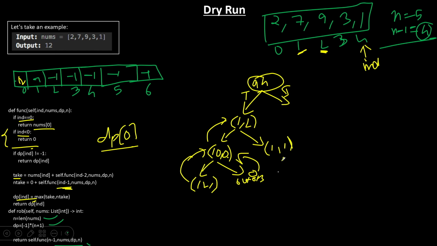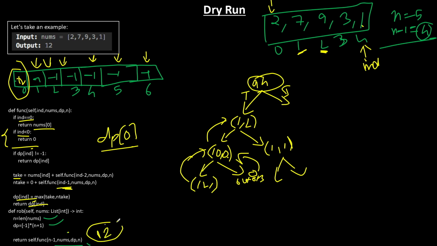Similarly, we can do the complete recursion calls. At the end, since we started from here, we will have all the values present here, and we will return dp of 0 when we reach the end. When the index exactly comes to index 0, we will have the 12th value, and we will just return 12 from there.